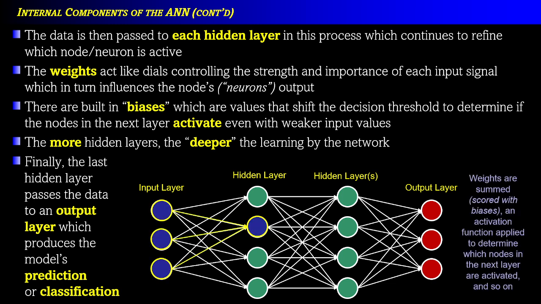So the weights are summed, scored with bias, activation function applied, moves to the next layer, determines which nodes are activated by summing the weights, applying the bias, running through the activation function, passing to the next hidden layer, eventually reaching the output layer to give us the final output of what the AI model is trying to do.